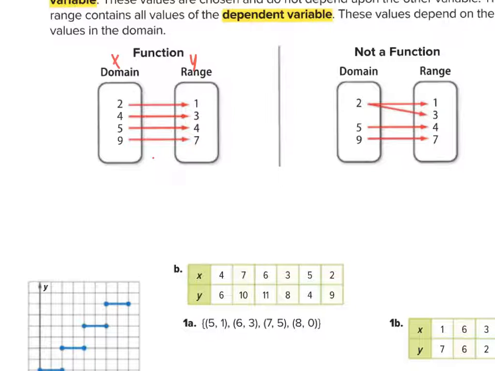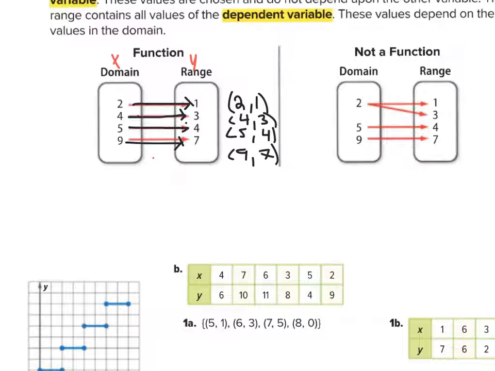My first x is paired with a 1, so that's the point 2, 1. My second point is 4, 3. My third point is 5, 4. And my last point is 9, 7.